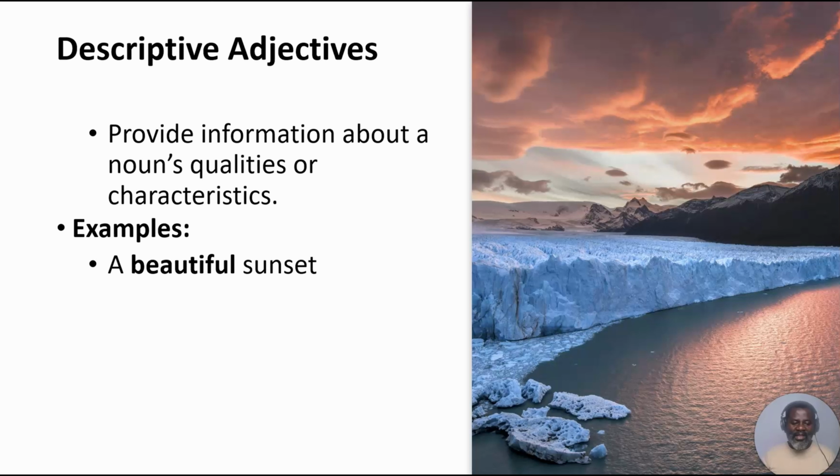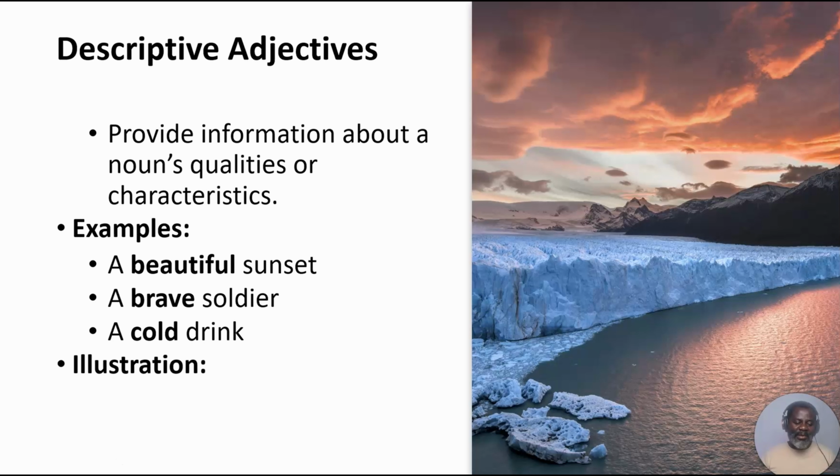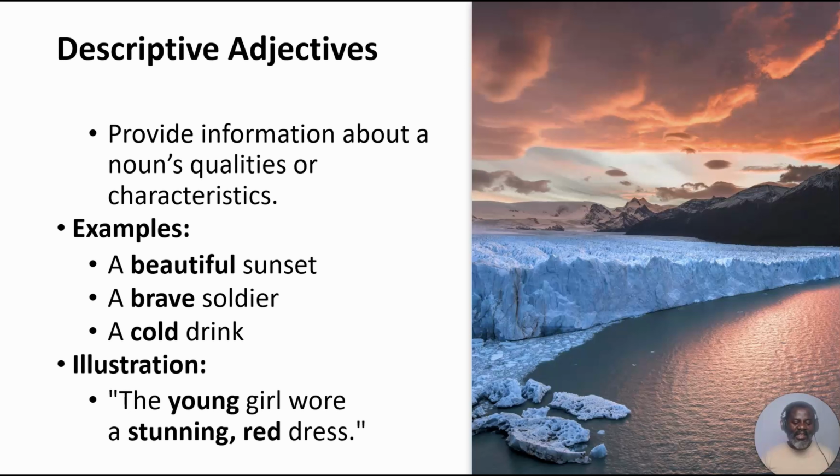We are looking at qualities of this sunset. A brave soldier, a cold drink. All these are examples. Let me give an illustration: the young girl wore a stunning red dress. This is very interesting. All the words in bold letters are adjectives giving us more information.